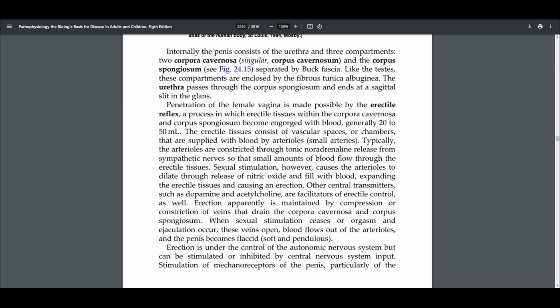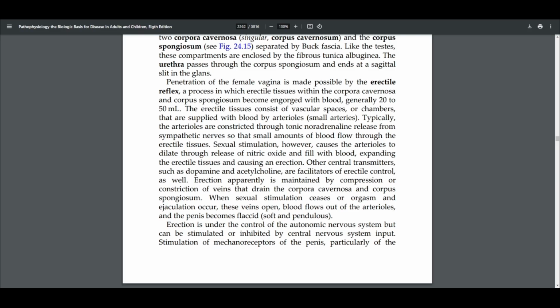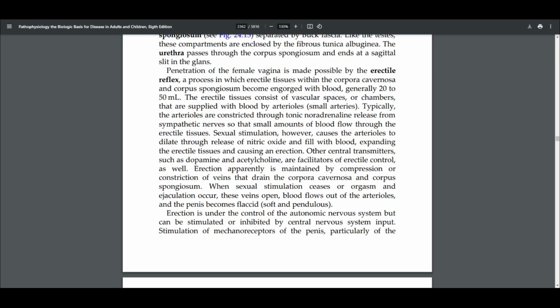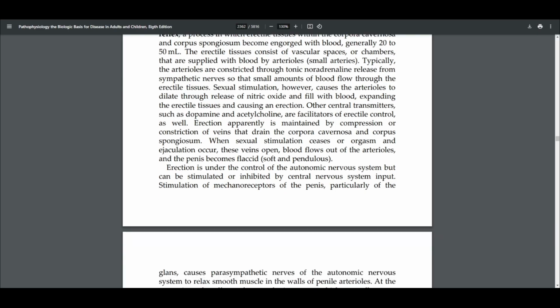Other central transmitters, such as dopamine and acetylcholine, are facilitators of erectile control as well. Erection apparently is maintained by compression or constriction of veins that drain the corpora cavernosa and corpus spongiosum. When sexual stimulation ceases, or orgasm and ejaculation occur, the veins open, blood flows out of the arterioles, and the penis becomes flaccid.